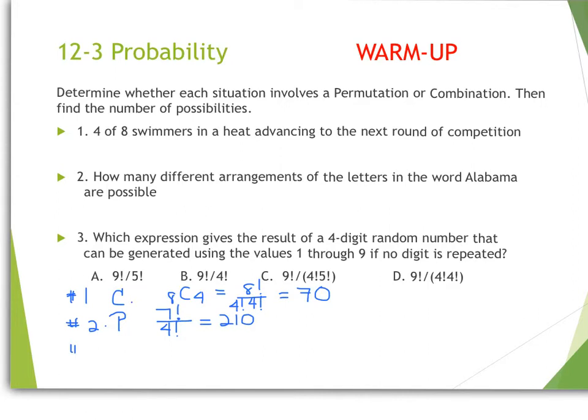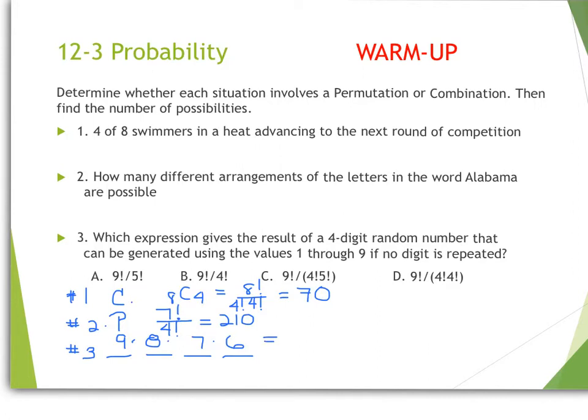And then lastly, number 3, you have which expression gives the result of a 4-digit random number that can be generated using the values 1 through 9. So we have only 9 digits with nothing being repeated. We have a possibility of 9 in the first place, then there's only 8 left, then 7, then 6, so that's your truncated factorial.